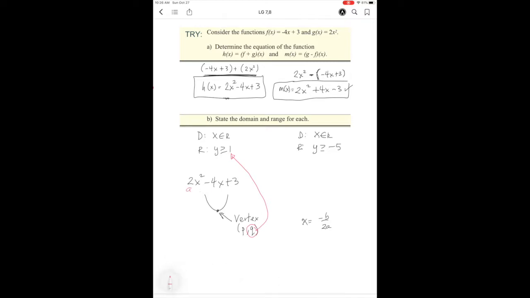I know that this is the a, this is the b, and that's the c. So I just plug them in. I have -4, and -4 becomes +4 over 4. So x is 1. Then I plug the 1 back into the function to get y, and I got an answer of 1. So really this is your vertex. This is your P, this is your Q.